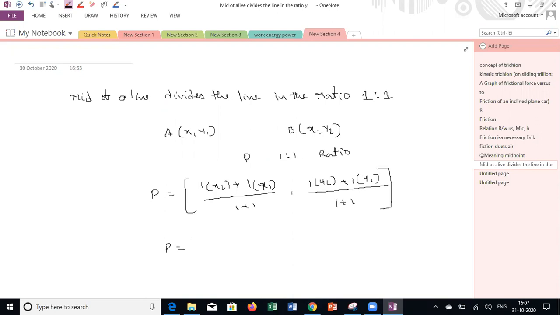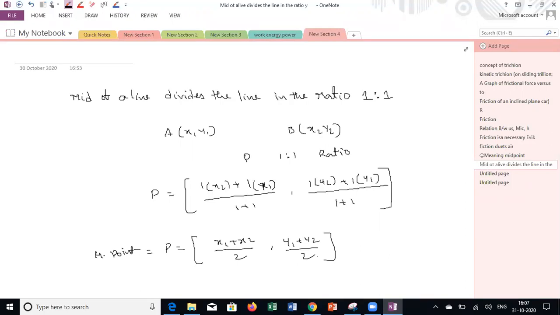So the midpoint P is x1 plus x2 by 2, y1 plus y2 by 2. This is the midpoint formula. Is it clear, guys, what I'm saying?